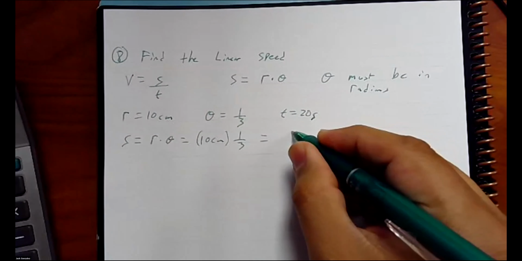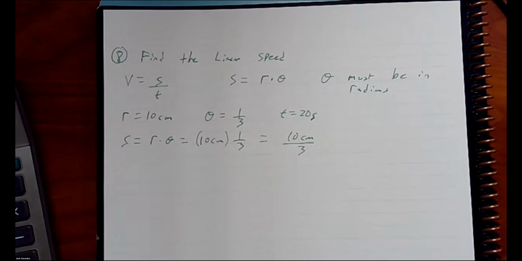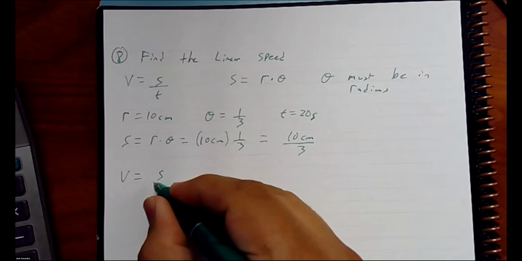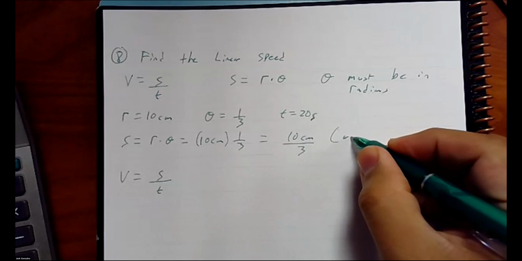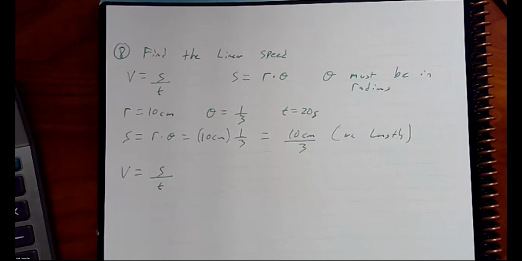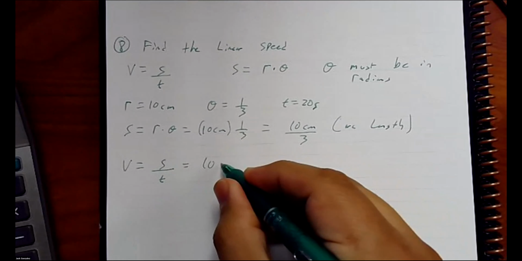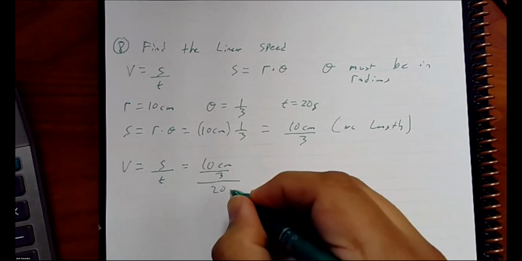So that'll be 10 centimeters over 3. That's arc length. So velocity would be S over time: 10 centimeters over 3 divided by 20 seconds.